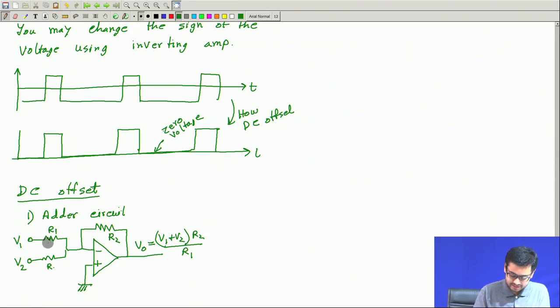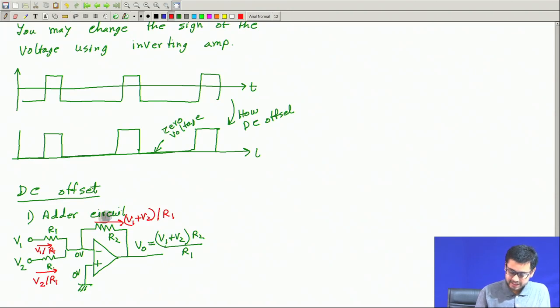This is at 0 volt. Due to virtual short, this will also remain at 0 volt. So, this current is how much? This is V1 by R1. So, this current is V1 by R1. This current is V2 by R1. Therefore, the total current here will be V1 plus V2 whole divided by R1.